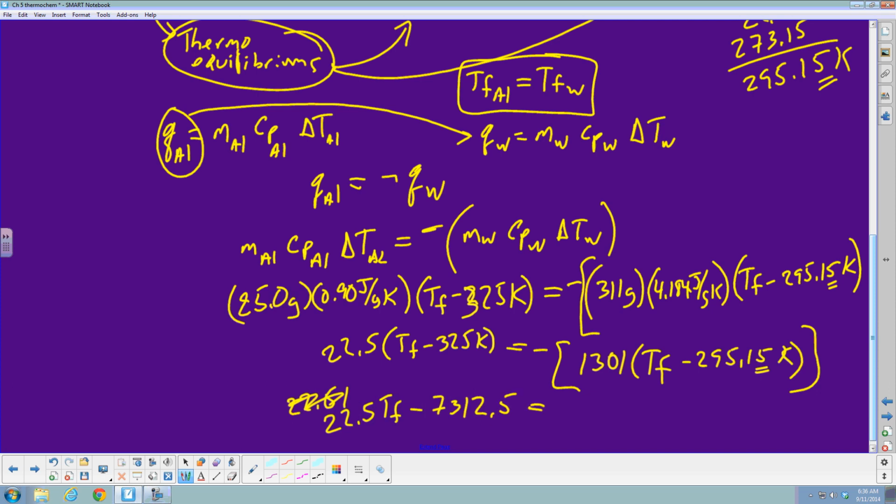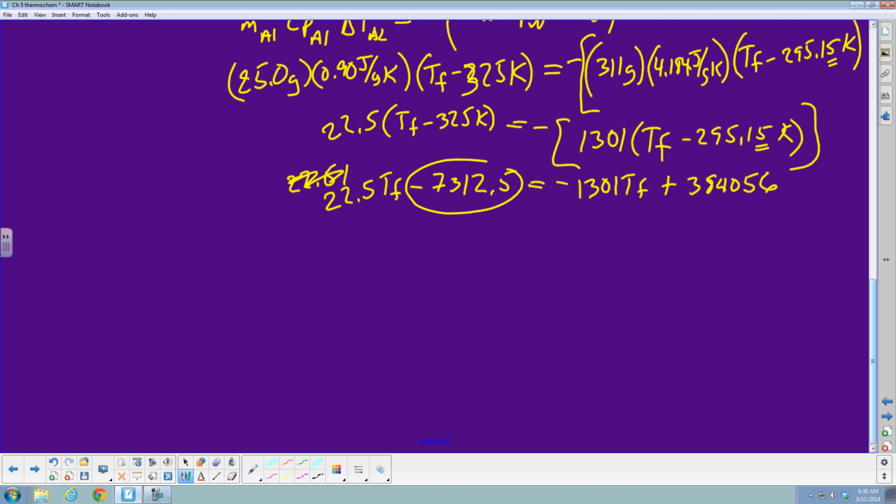And that's equal to, now let's distribute this, a negative 1,301 T F. A negative times a negative is a positive, plus 1,301 times 295.15, and I get something along the lines of 384,056. Good.